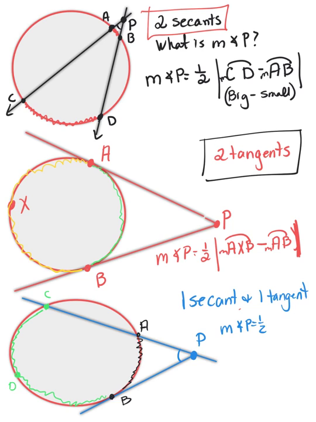So angle P is 1/2 the absolute value of the measure of arc CDB minus the measure of arc AB. Do you see how those are all the same formula, but for different configurations? Okay, let's work some examples.